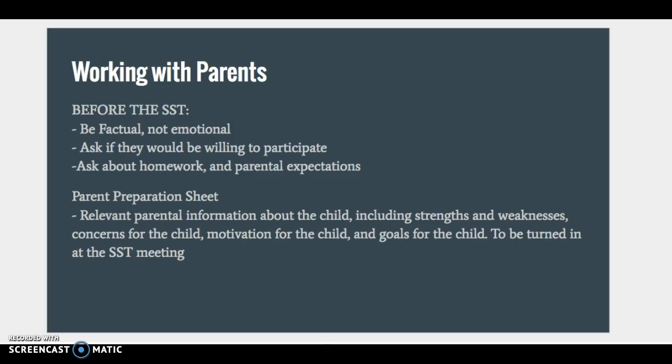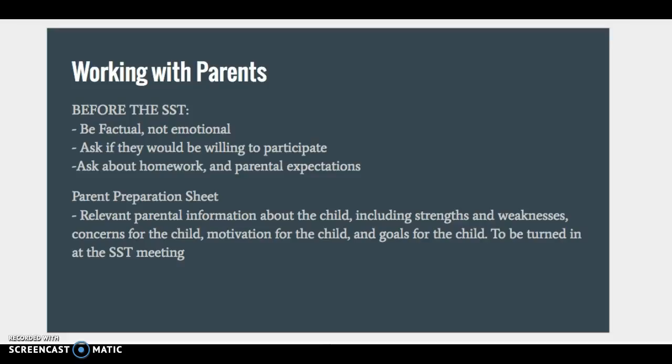Number 2. Okay, so first off is working with parents. Before the student study team meets, make sure that you are being factual, not emotional. You have to ask if the parents would be willing to participate.